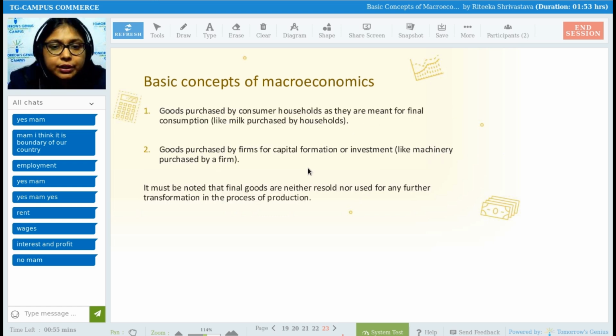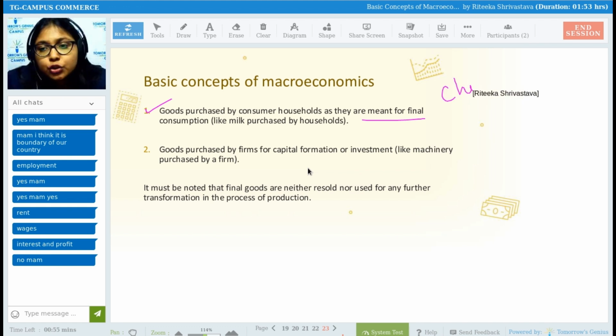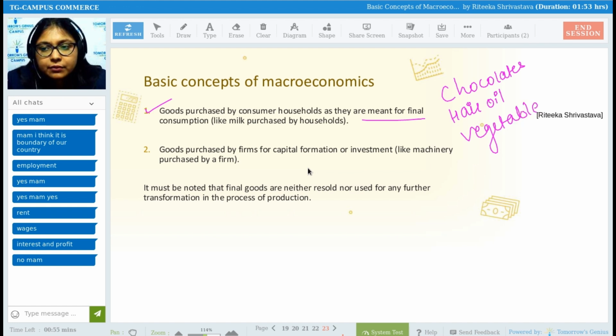Final goods include two different types. First, goods purchased by consumer households as they are meant for final consumption, like milk purchased by a household, chocolates, hair oil, vegetables purchased by a household.